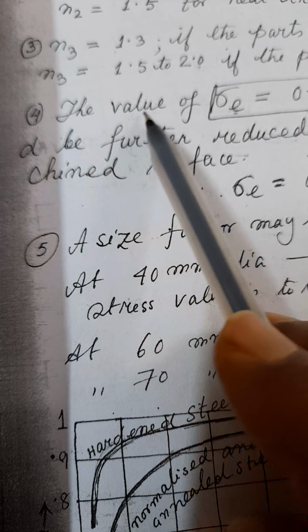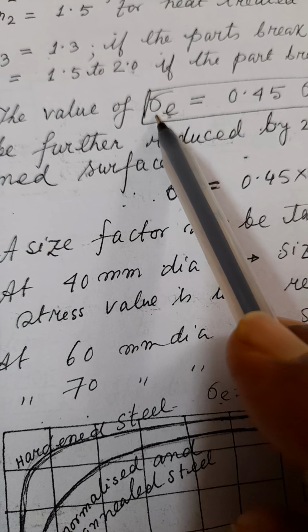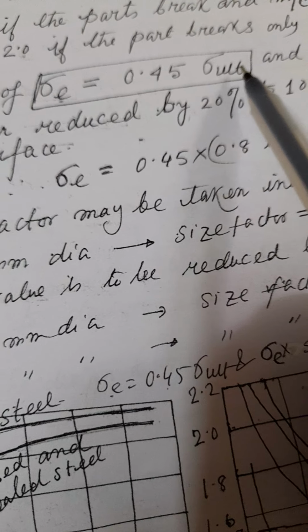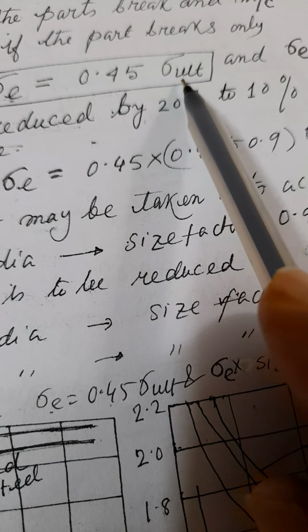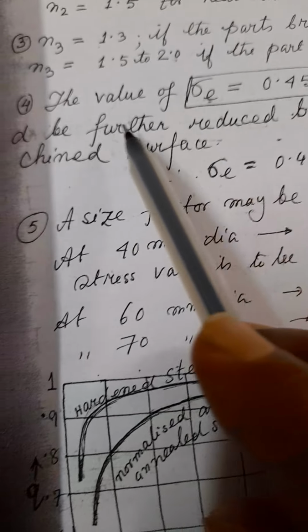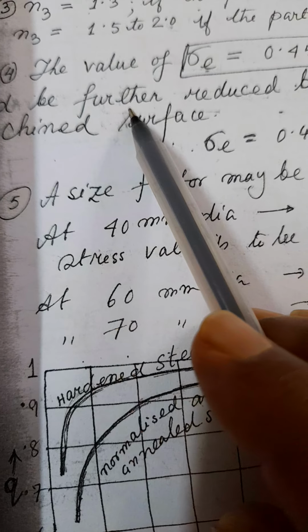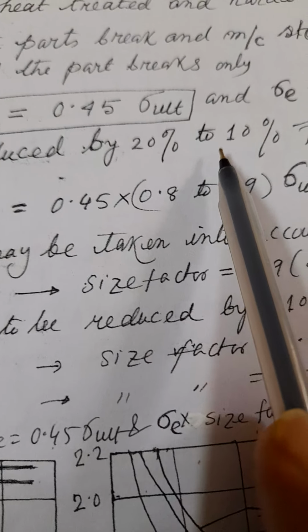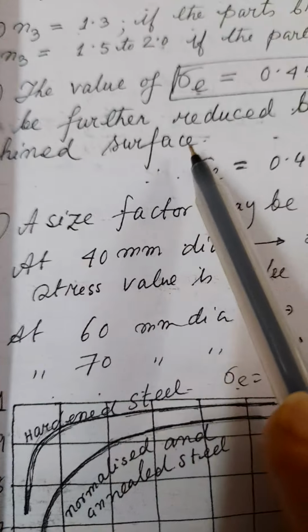Number 4, the value of endurance limit sigma E is equal to 0.45 times the ultimate strength sigma ULT, and sigma E should be further reduced by 20% to 10% for machined surface.